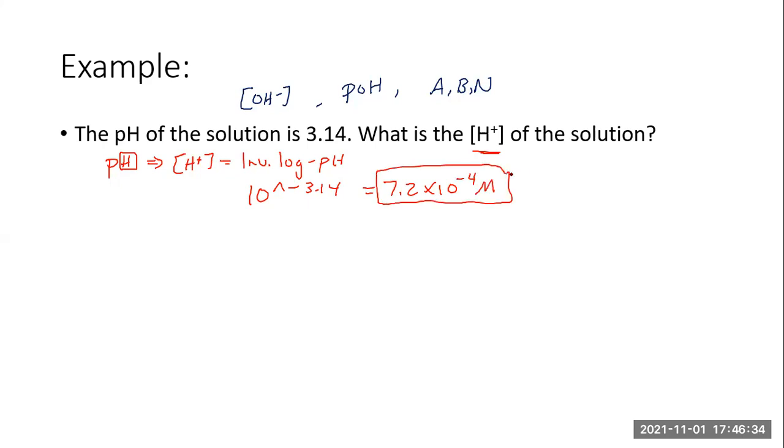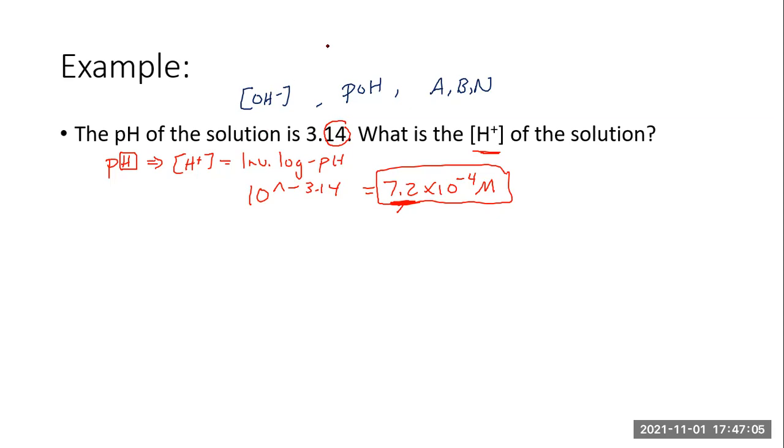And a reminder that when we're going backwards here, we had 2 decimal places, which does give us 2 significant figures in the concentration. And again, a reminder that your calculator may not give it to you in scientific notation. Mine gave it to me as 0.000724436.